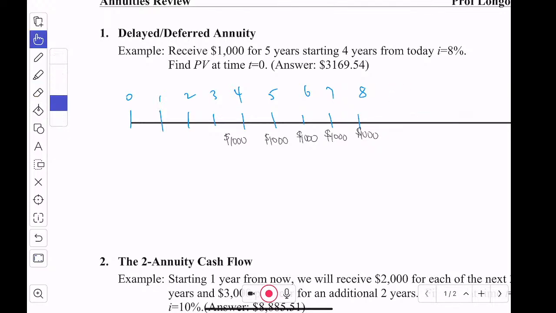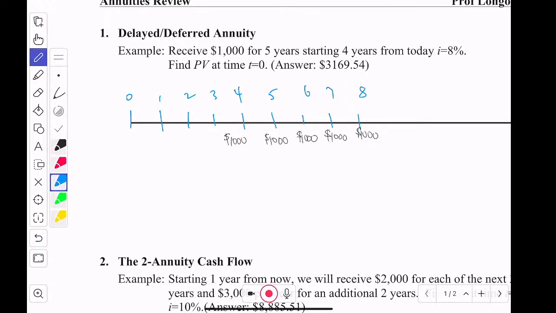The first cash flow is starting in the 4th year, right? So 4 years from today, 1, 2, 3, 4 is the end of the fourth.